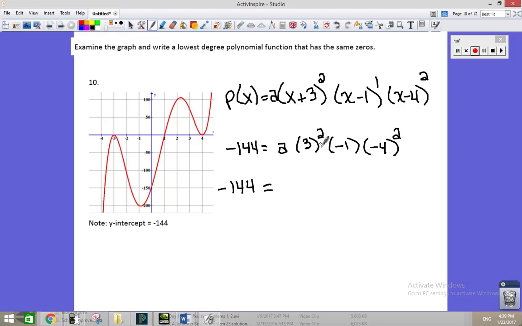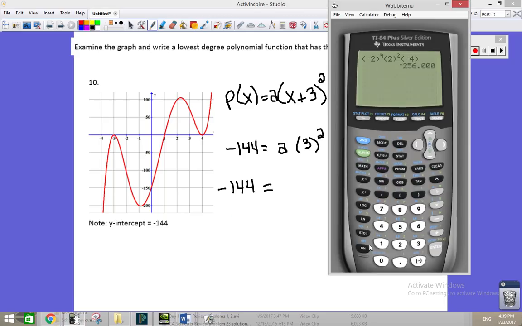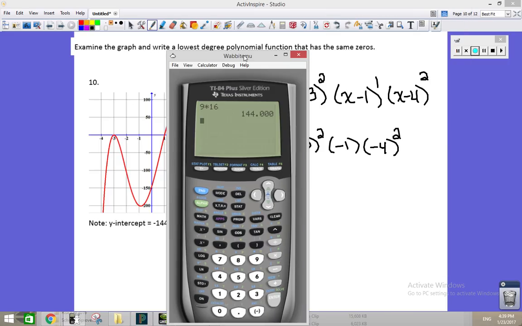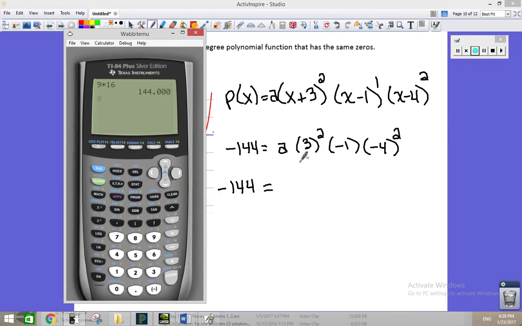So 3 squared is 9. -4 squared is 16. And 9 times 16, was that 256 before? 9 times 16. No, 144. And it should be negative. So we're getting that a equals -1.